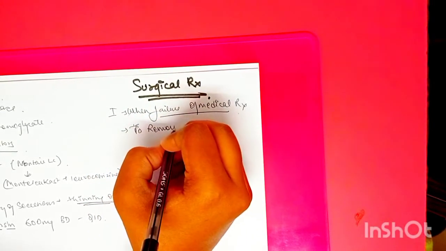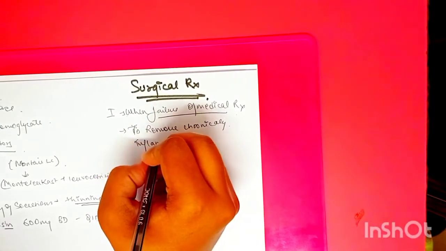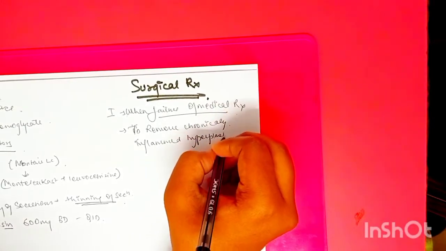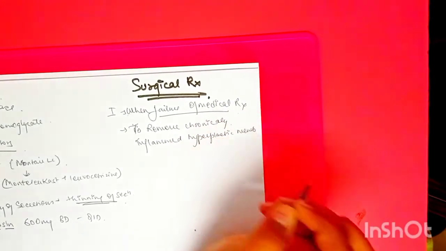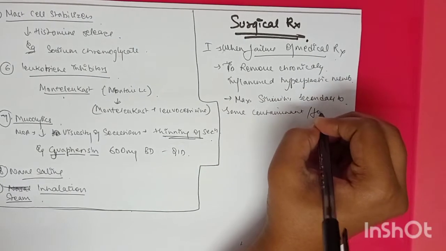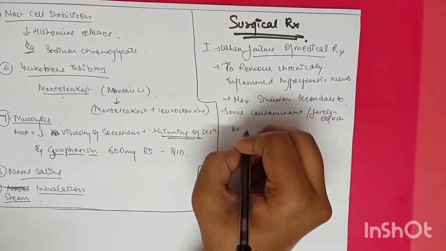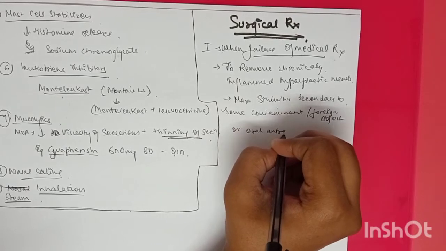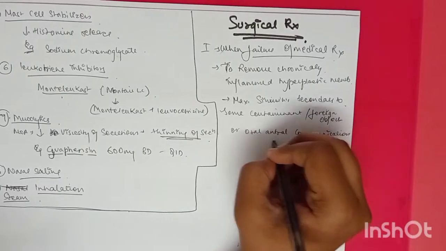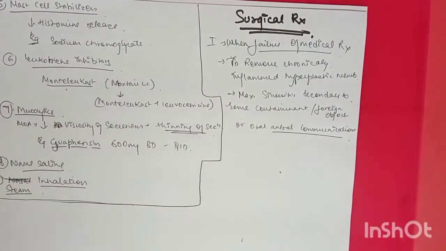To remove the chronically inflamed hyperplastic membrane. Foreign object or an oro-antral communication being formed. So these are the indications, and now what are the surgical procedures?